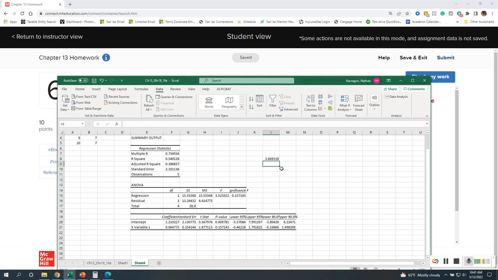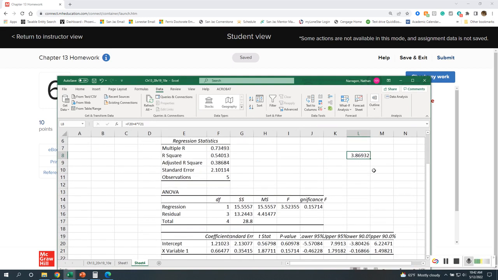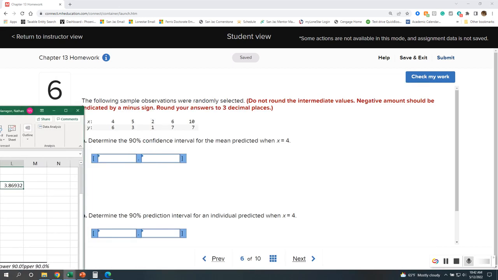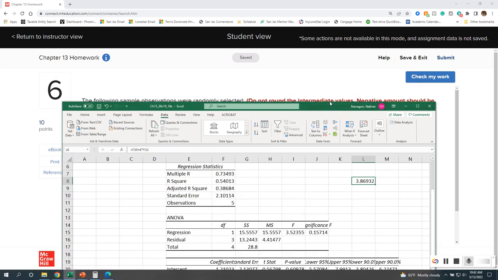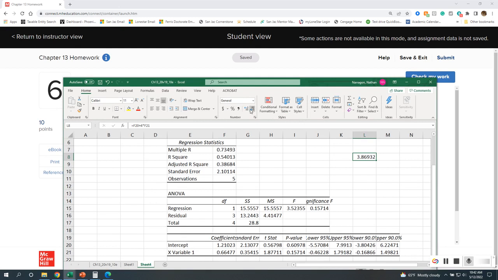So we're looking at 3.869. Let me zoom in. There we go. 3.86932, or if we're rounding, which is probably going to be right about 3 decimal places. There we go, 3.869 is our y hat.